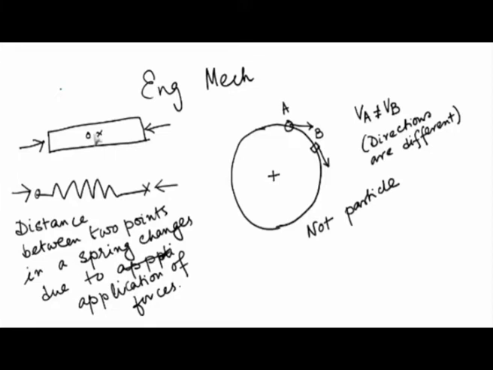So you will be able to convince yourself that there will be situations where the distance between two points in the body that you are analyzing is not going to remain fixed, and that will be the case of an elastic body, whereas in the other case where the distance is fixed it is going to be a rigid body.